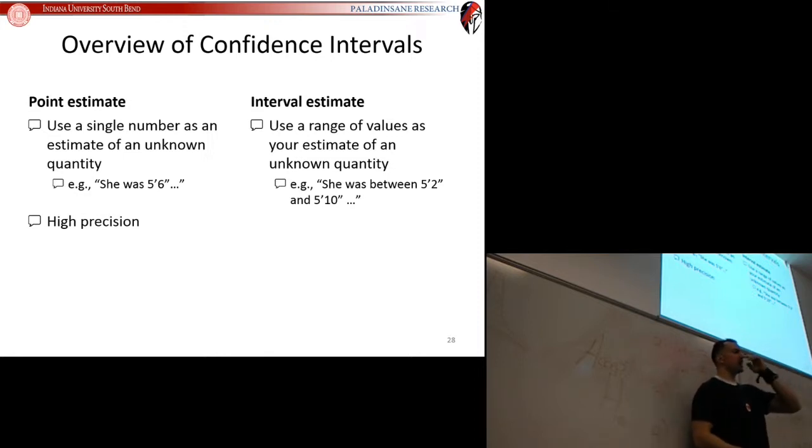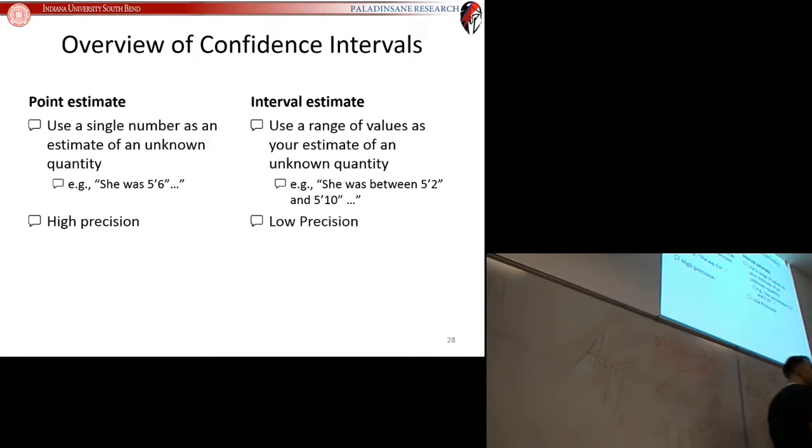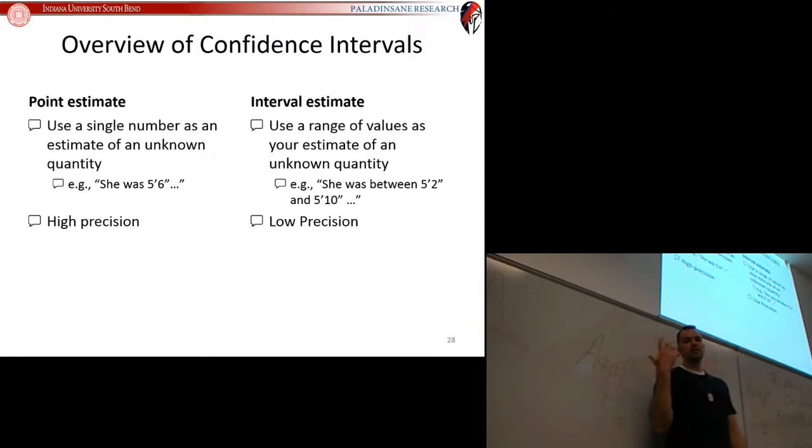It's a high-precision point estimate. Interval estimates, on the other hand, have low precision. They give you a range. It's somewhere inside that range, somewhere inside that interval. That's very low precision. The cost of high precision is very low confidence.